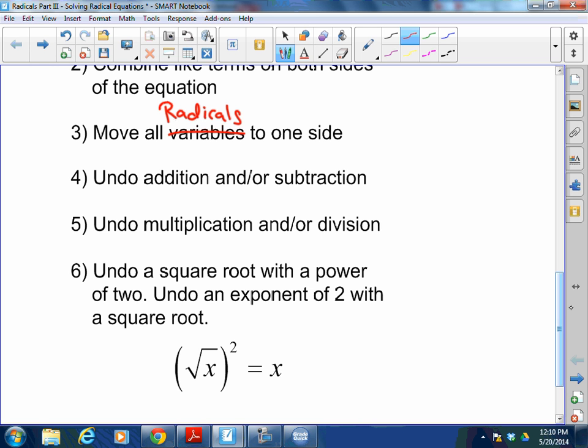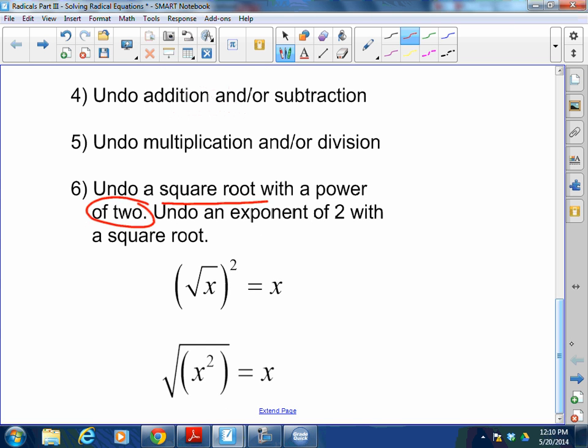To undo a square root, my friends, you raise it to a power of 2. You undo an exponent of 2 with a square root, and you undo a square root with raising it to a power of 2. Let's think about this. When I have a square root of x, if I go ahead and square it, the power of 2 cancels out the square root.